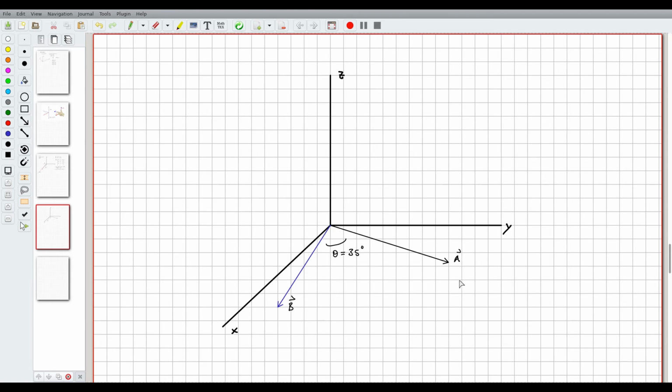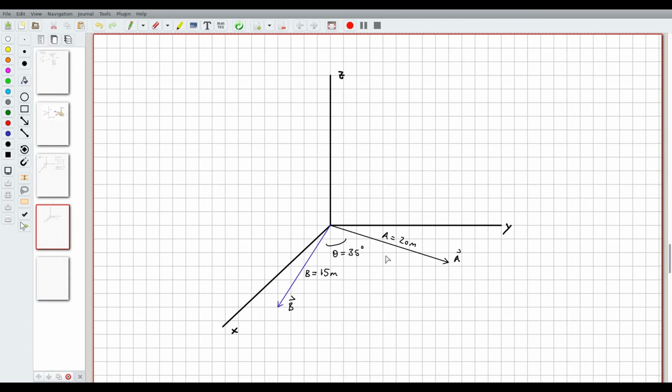The magnitude of A is 20 meters. The magnitude of B is 15 meters. And what I'd like to do is to find A cross B. Actually, this is a mistake, I don't want to mislead you. I mean the magnitude without the vector hat: 15 meters, I believe. Yes.